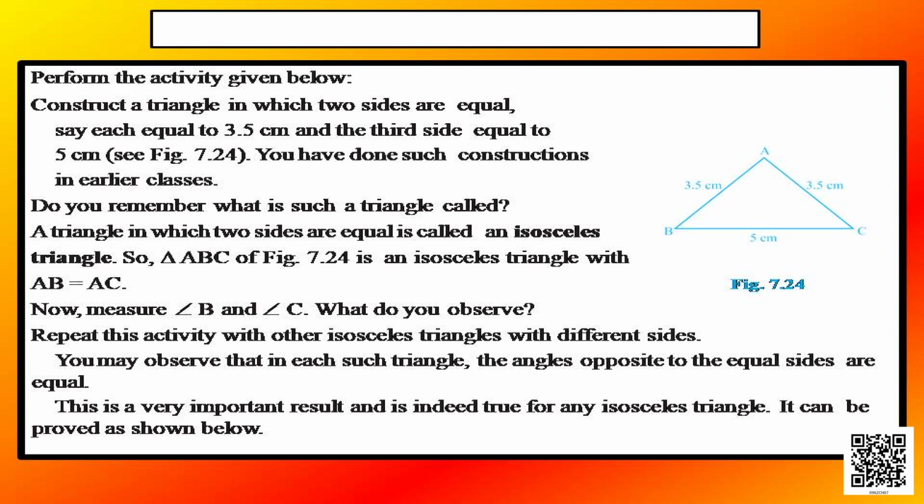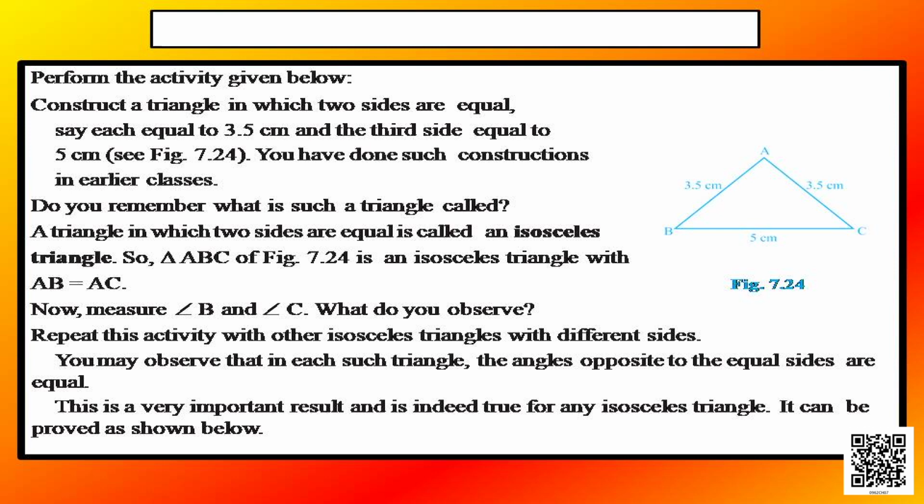You have done such construction in earlier classes. Do you remember what is such a triangle called? A triangle in which two sides are equal is called an isosceles triangle. So, triangle ABC as given in your book is an isosceles triangle with sides AB equal to AC.